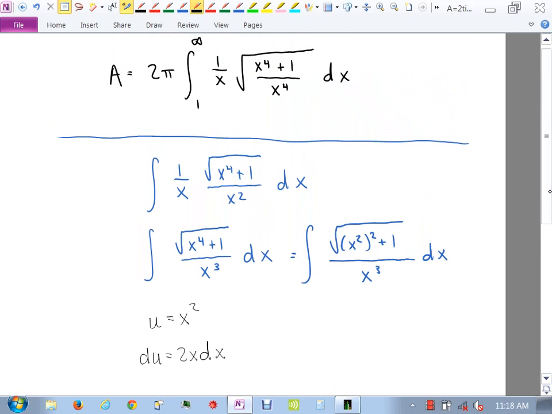Anyone see anything else possible? Okay. I took this right here and I split it into two roots, like this. When you have a fraction inside of a square root, you can break it up into two square roots, and the square root of x to the fourth is x squared.